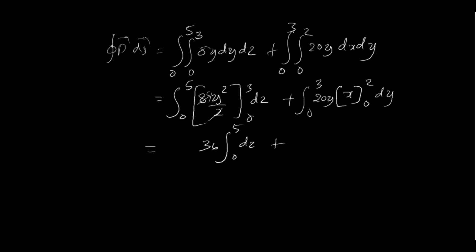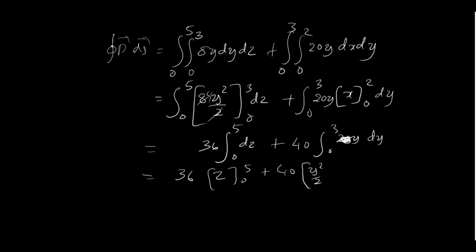Plus, x limit 2 minus 0 it will be 2, so 40, which can be taken outside, integral 0 to 3, 40 times y dy. Okay, so integrating 36, integral dz will be z with the limit 0 to 5, plus 40 into integral y² by 2 with limit 0 to 3.